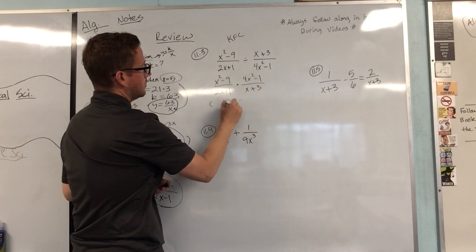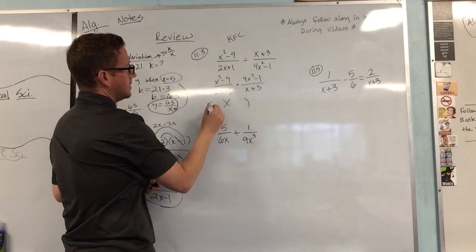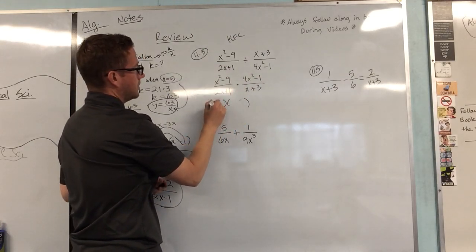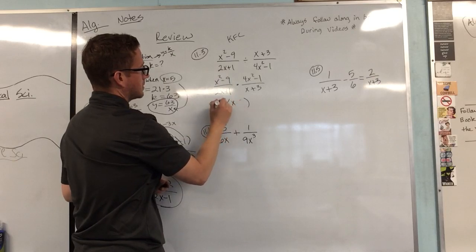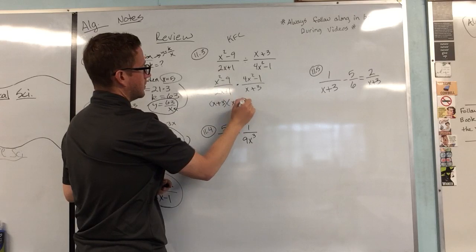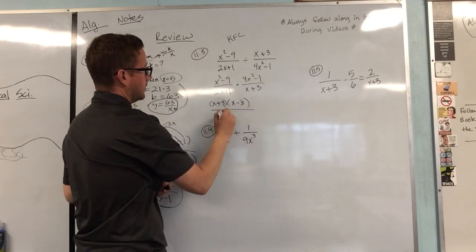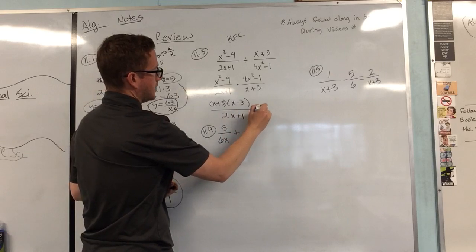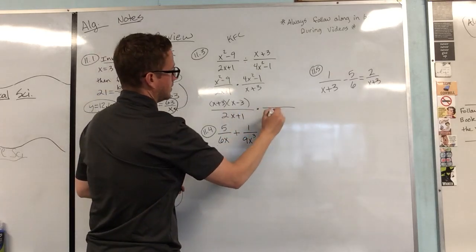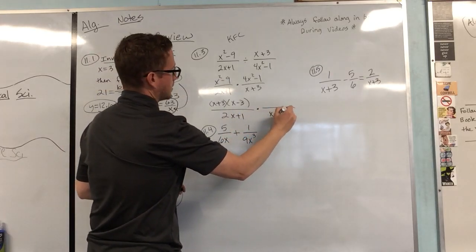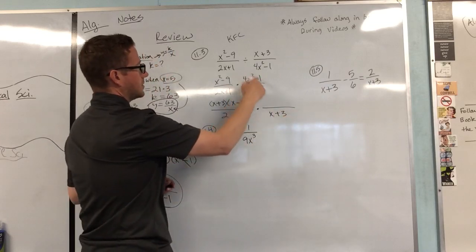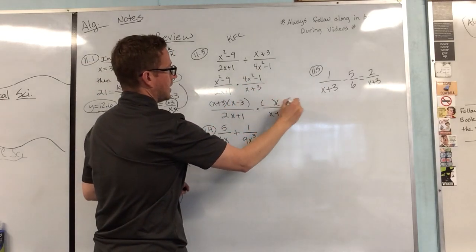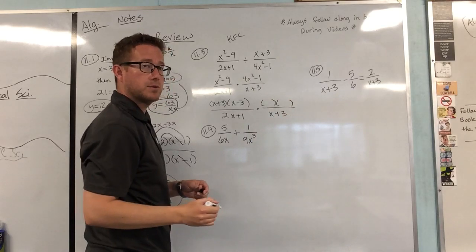So let's rewrite x squared minus 9, perfect square binomial. It's going to be x plus 3 and x minus 3 over the 2x plus 1, times the x plus 3, there's that. 4x squared minus 1, remember that is a perfect square binomial too.